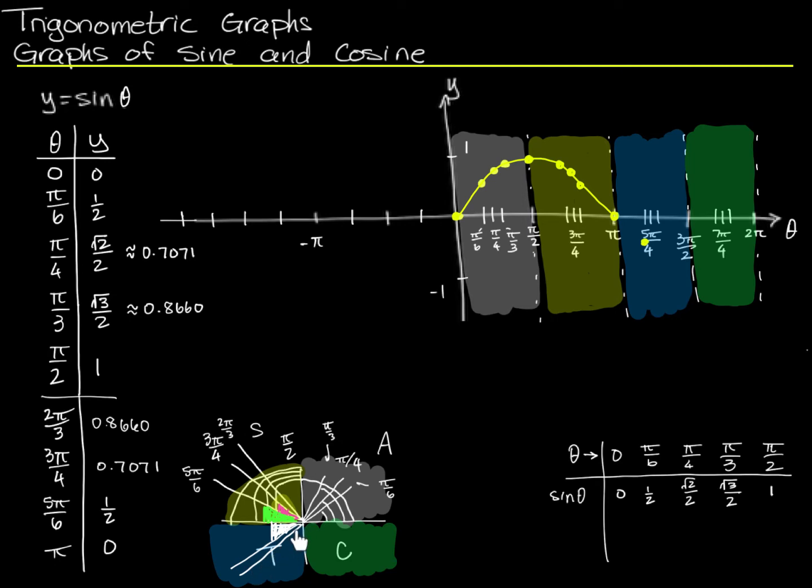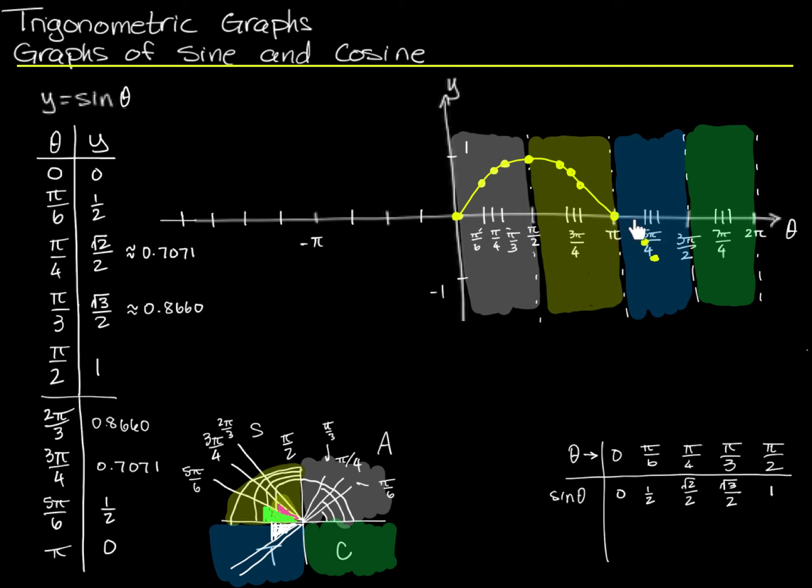And the next one's pi over 4. 45 degrees is pi over 4. Pi over 4 has about a 0.7 height, but because I'm in quadrant 3, I'm going to be below the x-axis. So at about 0.7, I think I'd be about there. Then the next one, I'm thinking in terms of pi over 3s.